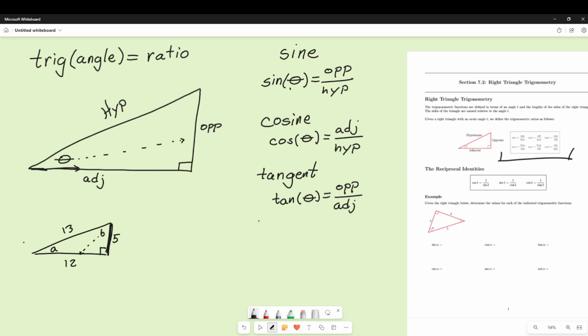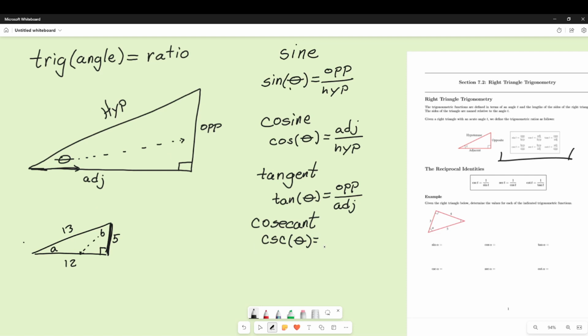Well, if we go on here, the cosecant, we start getting into the fun names, abbreviated CSC, cosecant of our angle theta.